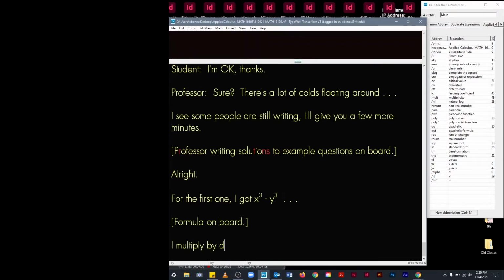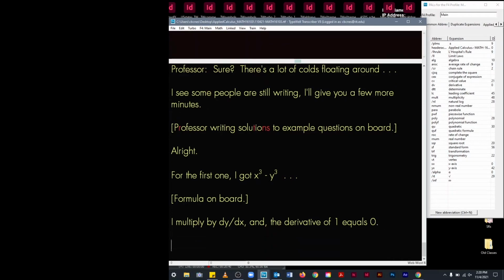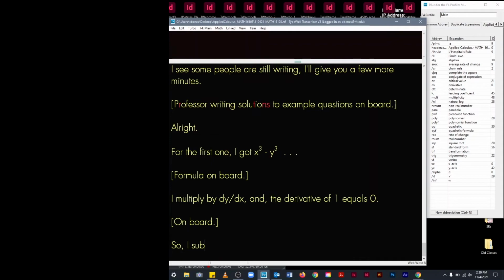All right. And the derivative of 1 is equal to 0. So I subtract 3x squared to the other side.